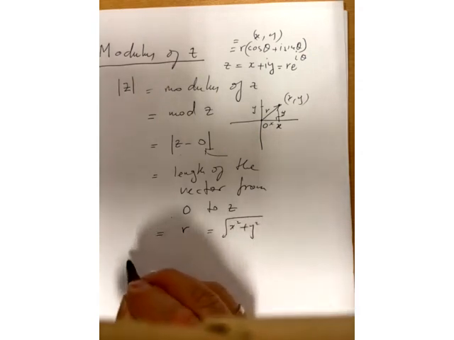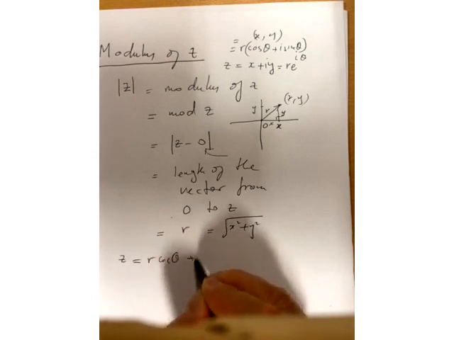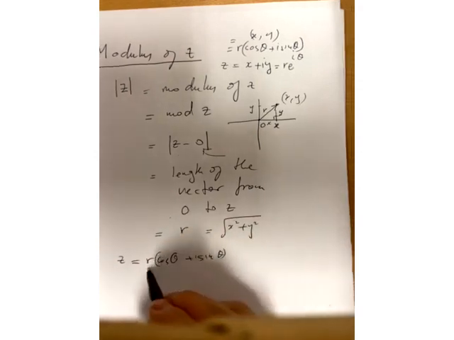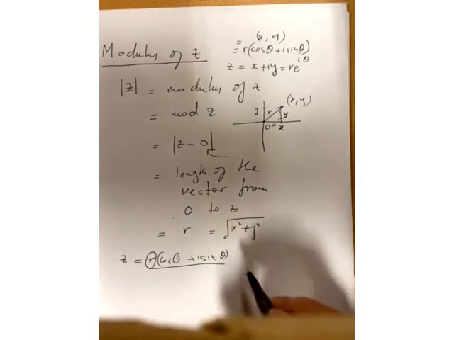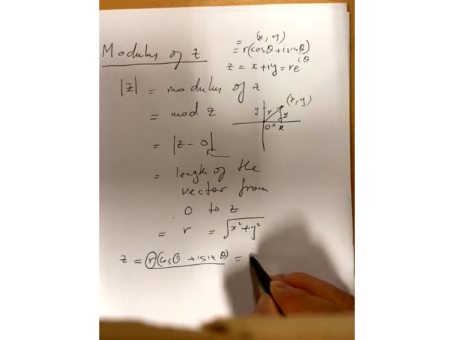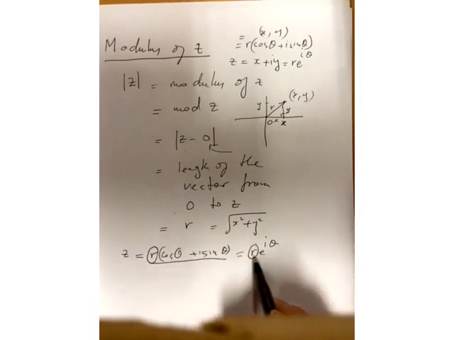So to recap, your z is r times cos theta plus i sine theta. If they give you this on a silver platter, the guy in front, that's your modulus. Or if they give you an exponential form, this guy is your modulus. Now, because it's length, modulus can't be negative.